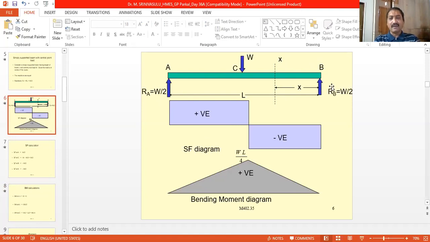So we can take either the left or the right, but because here we got only one force to the right of the section, we have to consider the forces acting to the right of the section.